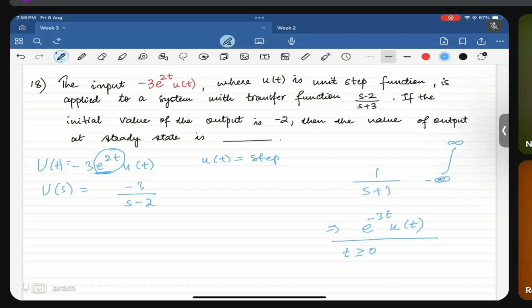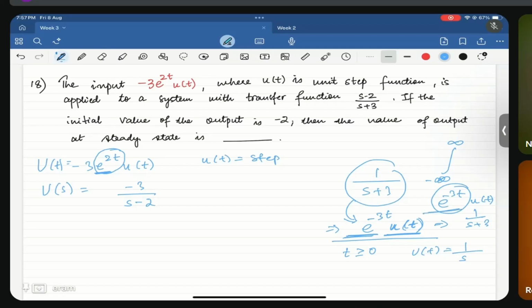So there is always u(t) here, which says that the response is this for t greater than or equal to 0. The Laplace is coming because of u(t), because Laplace of u(t) is 1 by s, and this exponential term does the shifting.